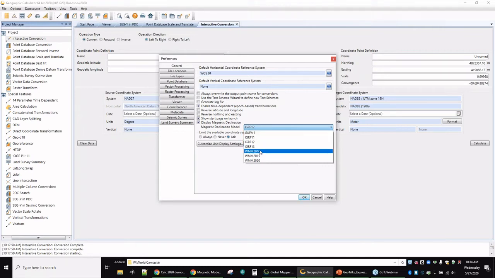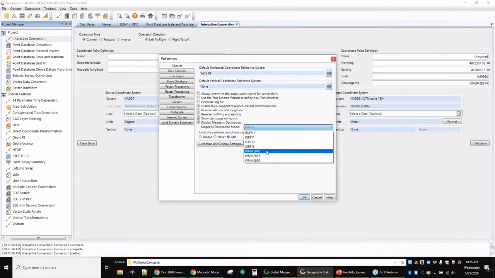The IGRF and the World Magnetic Model are essentially 2 sides of the same coin. So the IGRF model is retrospectively updated based on historical data that has actually been observed. So the date range for those goes all the way back to 1900 and up into the current day. The World Magnetic Model is based on some of those same data sets, but is only valid for a 5-year period.